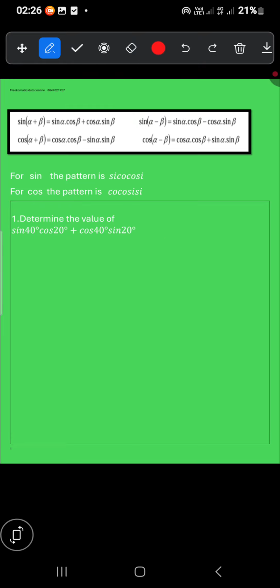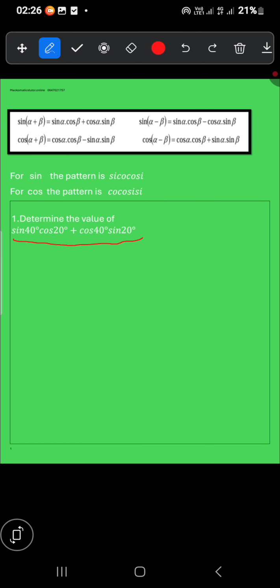Here it is sine, cos, sine, cos, so we are in the right conditions to use the formula.